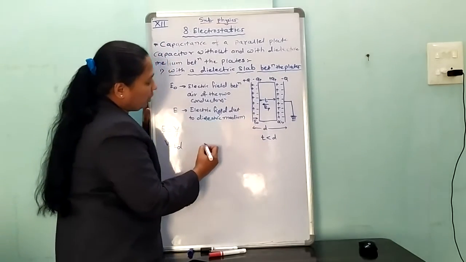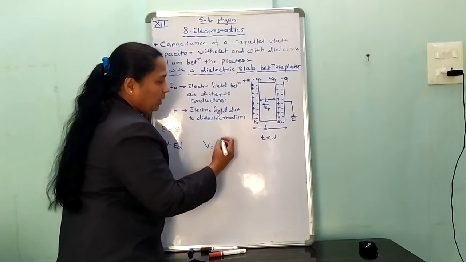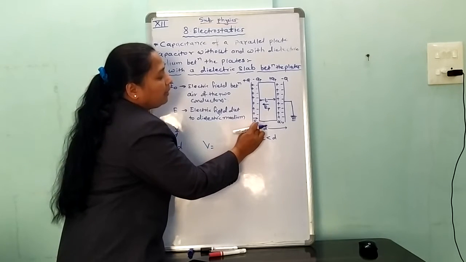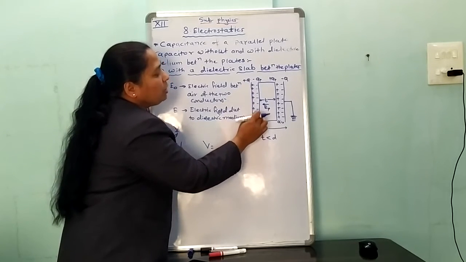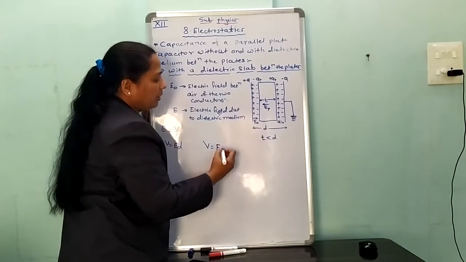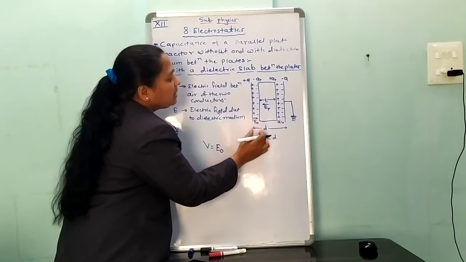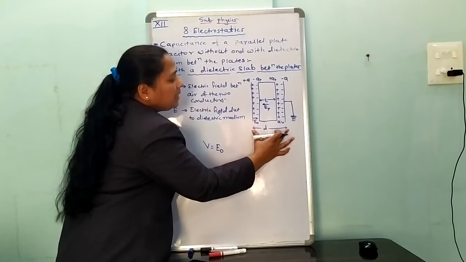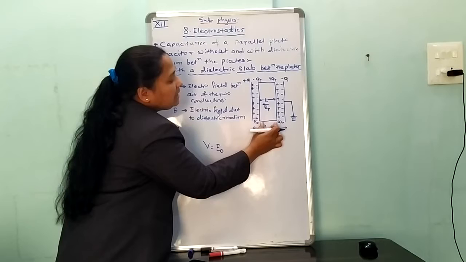The net potential V is the electric field of the air, E naught, into its distance. The total distance is D, and the slab thickness is T.